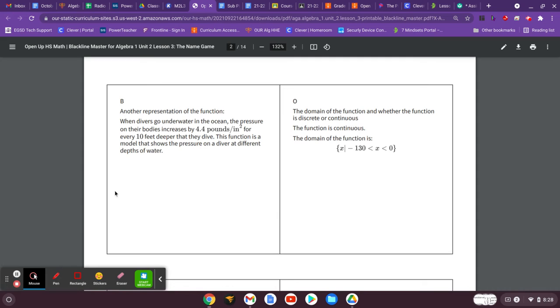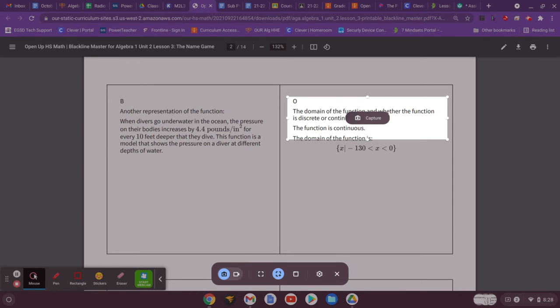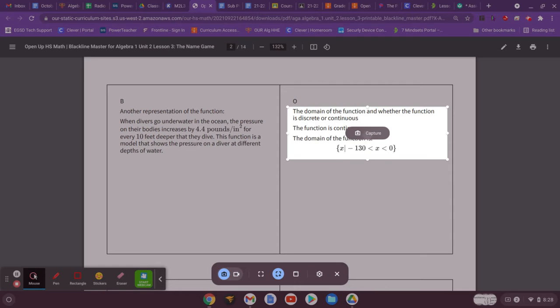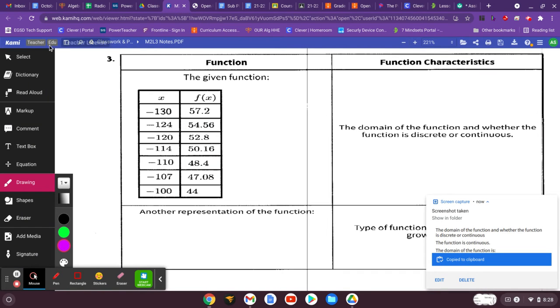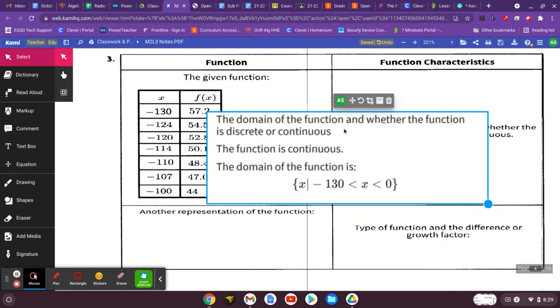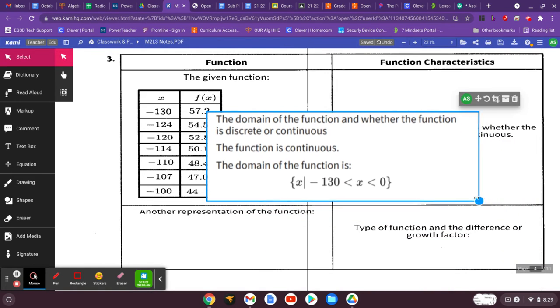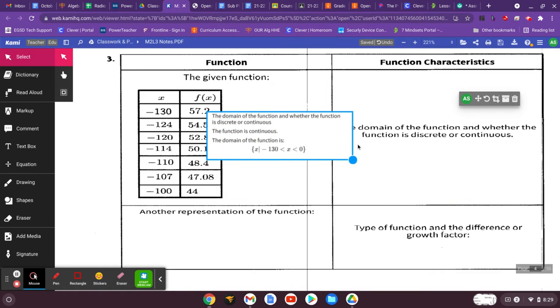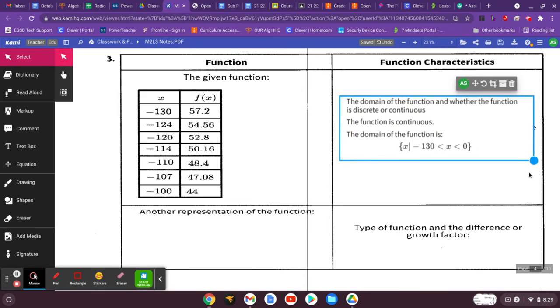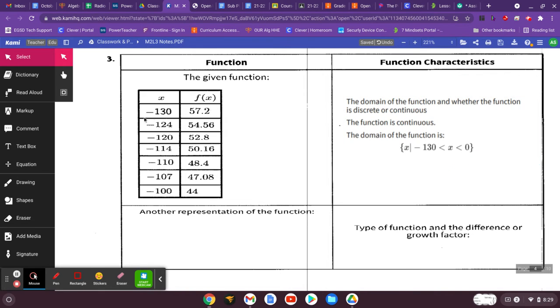So go ahead and pause, see what you can find, and then I'll show you the answer. Okay, so if you've gone ahead and looked through them, you'll see that you have a domain on this one. It's letter O. And if you go over here, how do we know this is the domain? Well, we're looking through here, and it looks like on this one that this has a negative 130 on here, right? We're going from negative 130, and we'll guess it's a 0 at this point.